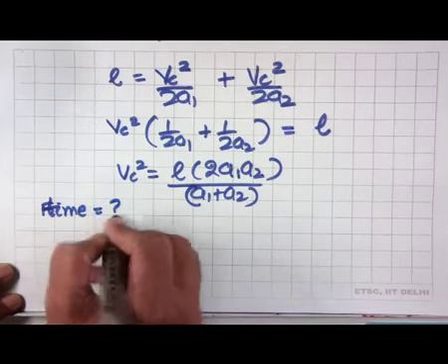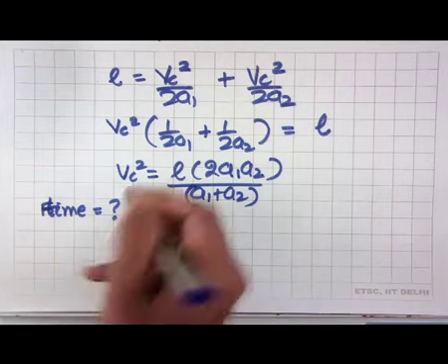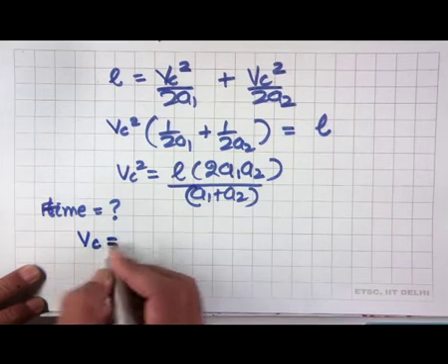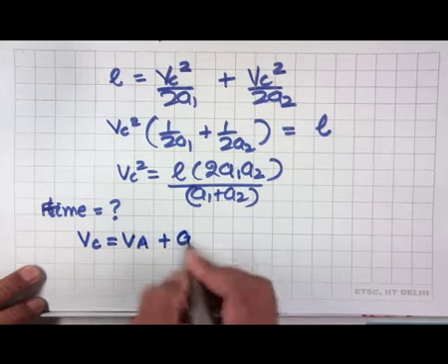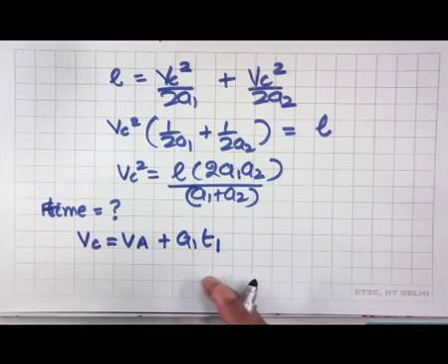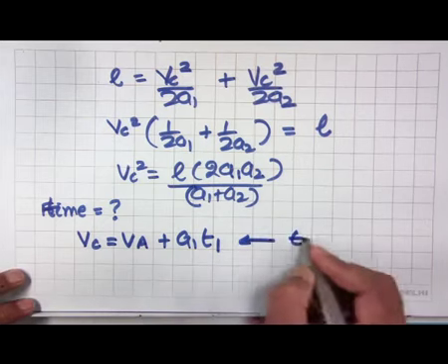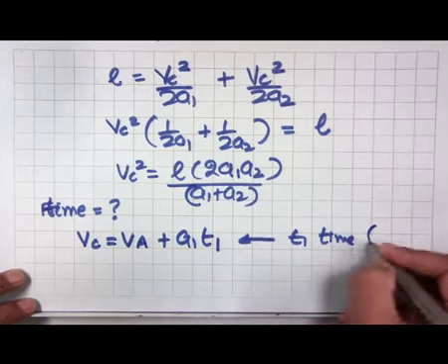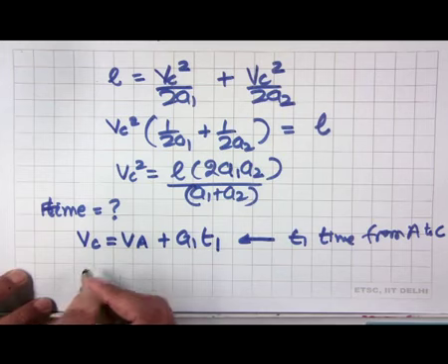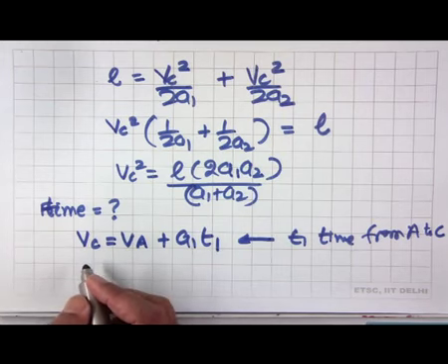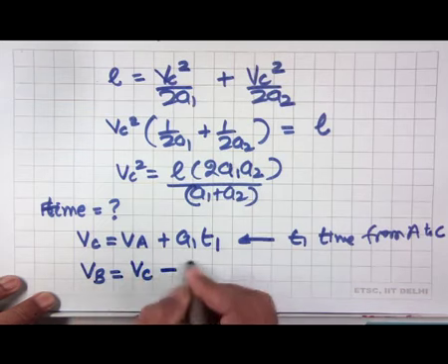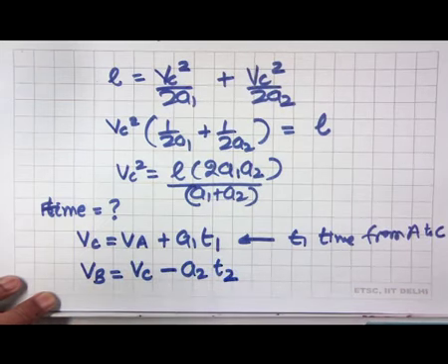To find the time, once I know Vc, Vc is equal to Va plus A1 T1, where T1 is the time taken from A to C. We also know that Vb is equal to Vc minus A2 T2.